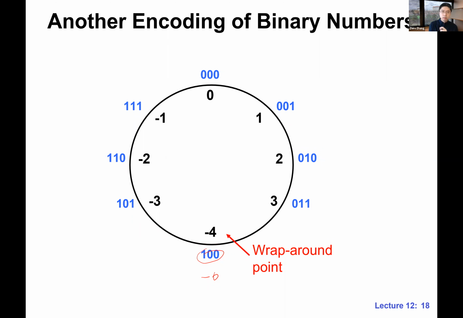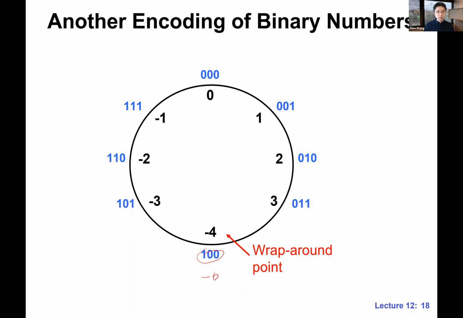One nice thing about this is, again, we don't have this redundancy. This 100 is reserved for another number, -4, which is nice. Again, this seems like a hack, but what I want to convince you of is that this is actually very systematic and very sound.